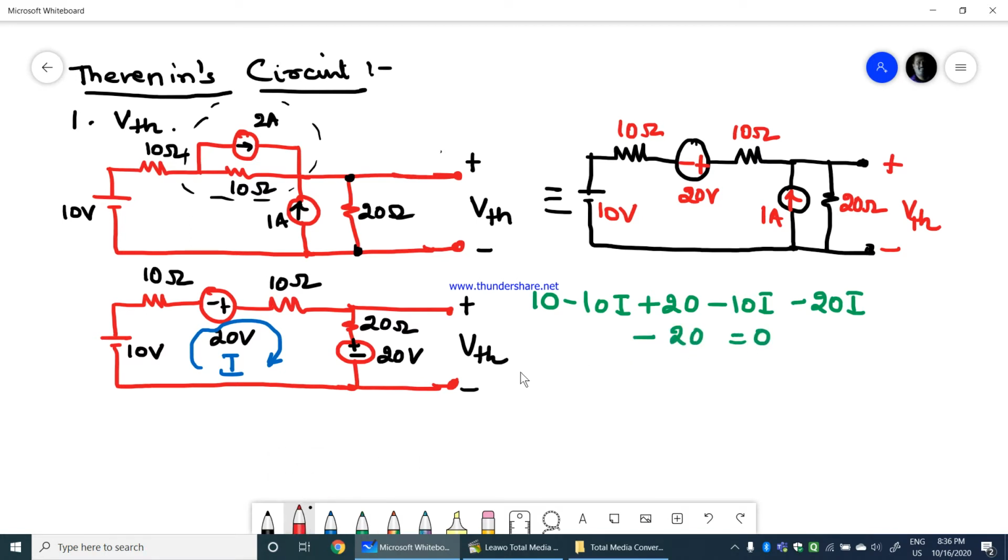So here plus 20 and minus 20 will get cancelled. So I am left with 10 plus 10, minus 10I, 10I, 20I, which is 40I, equals 0. Therefore I would be equal to 10 by 40, where I is nothing but 0.25 amps.